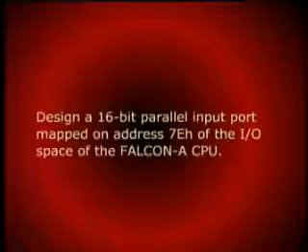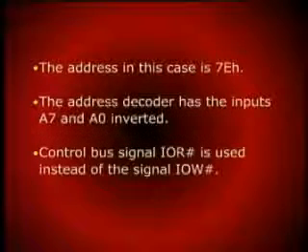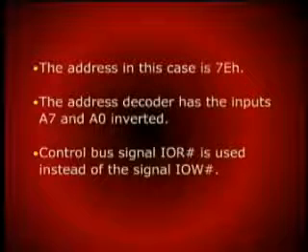The process of designing a parallel input port is quite similar to the design of a parallel output port, except for the following differences. For this example, our address is 7E hex, which is different from the previous value which was used for the output port.